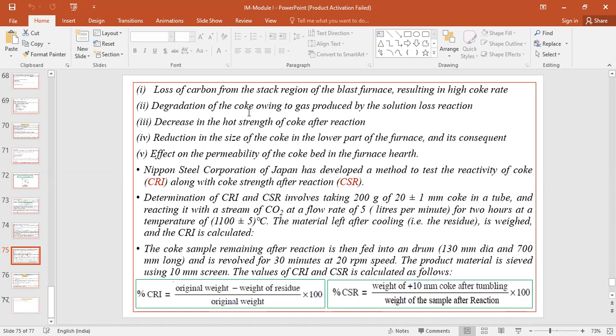The procedure for CRI and CSR is: we need to take 200 grams of 20 mm coke in a tube, and allow it to react with CO2 gas, at a flow rate of 5 liters per minute for 2 hours, keeping a temperature of 1100 degrees centigrade.